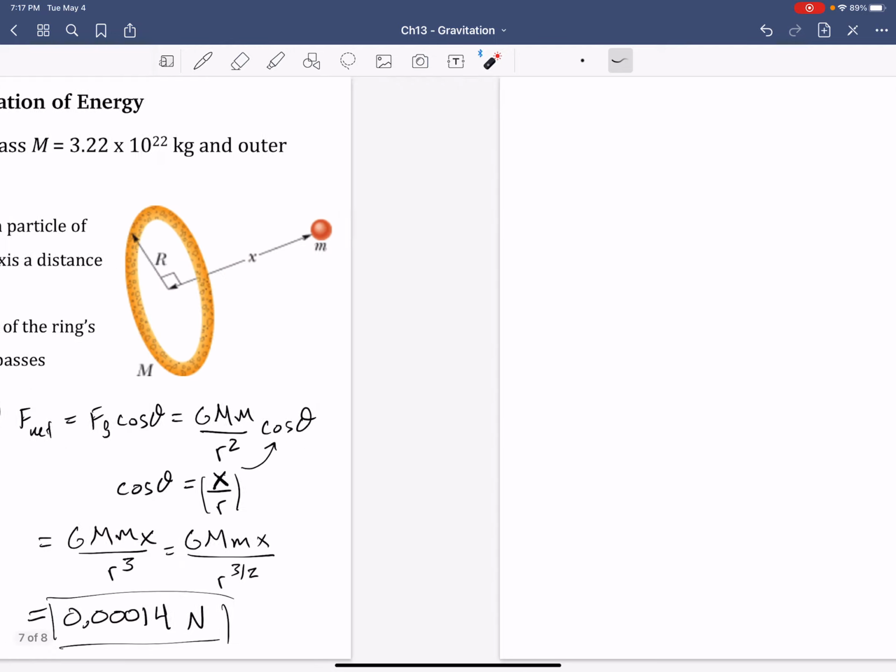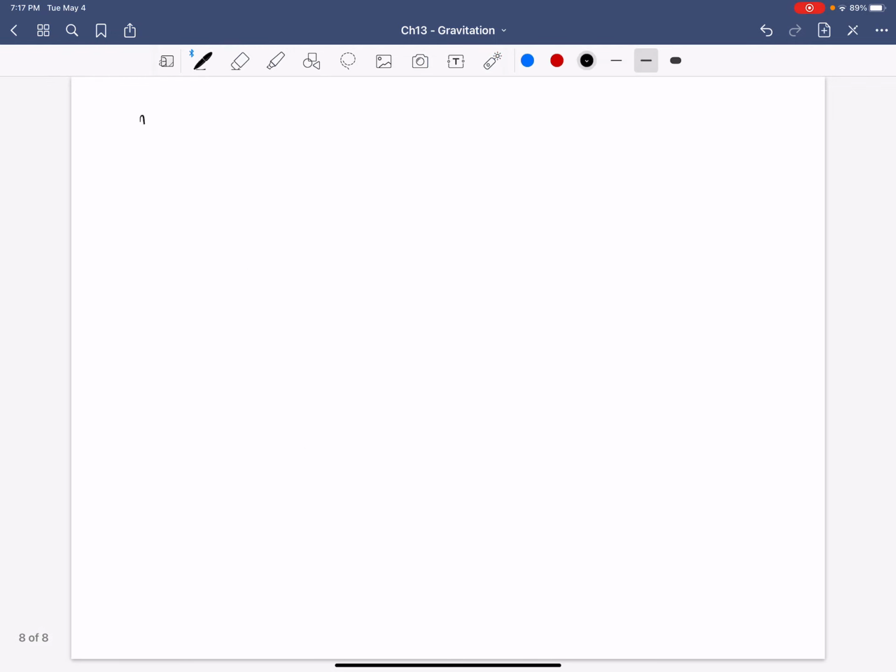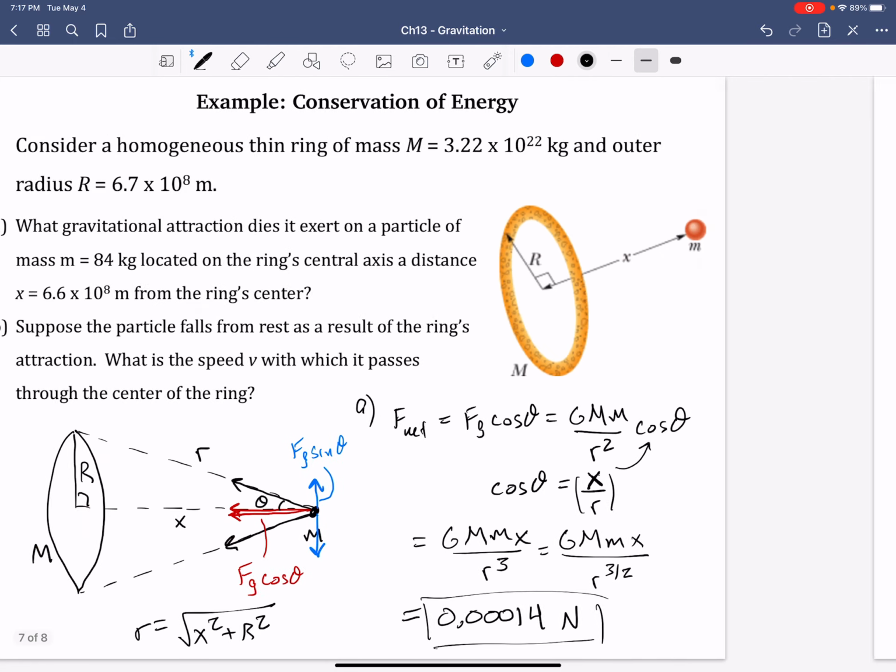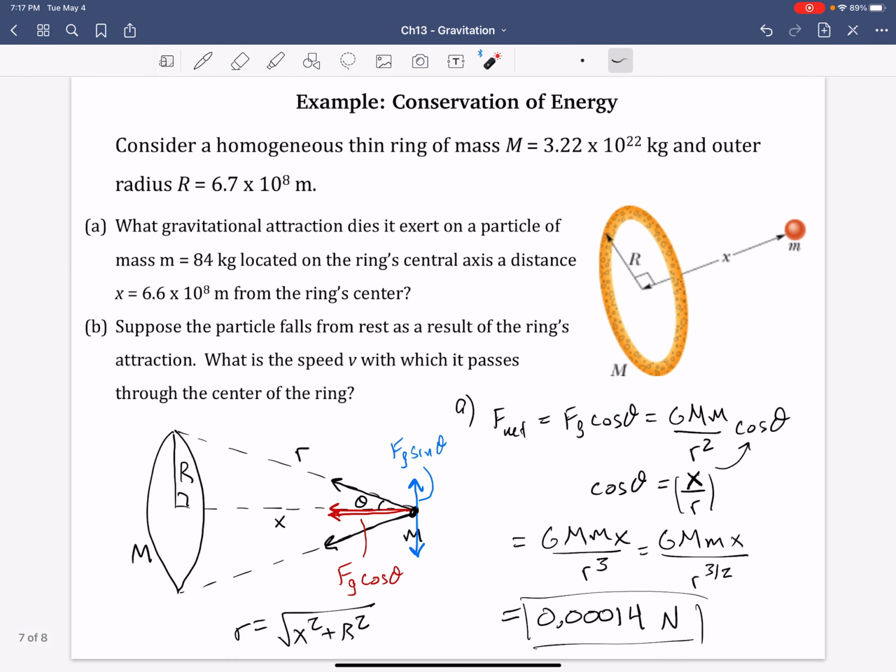So in part B, we want to find the speed at which it passes through the middle of that ring. If we go back to the picture now, we can use conservation of energy. This is in a vacuum, so no energy is lost due to friction. So we can take the energy at the start, when it's at a distance of x away, and the final energy when it's passing through the middle.